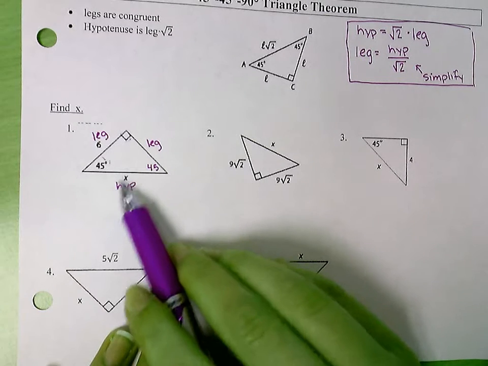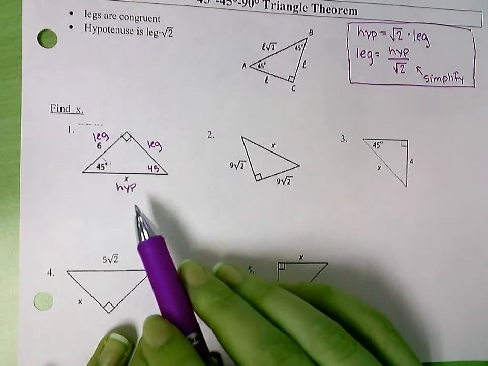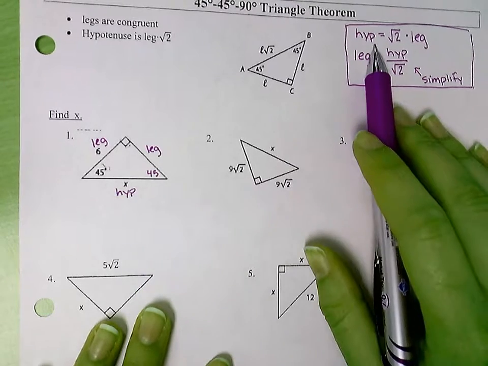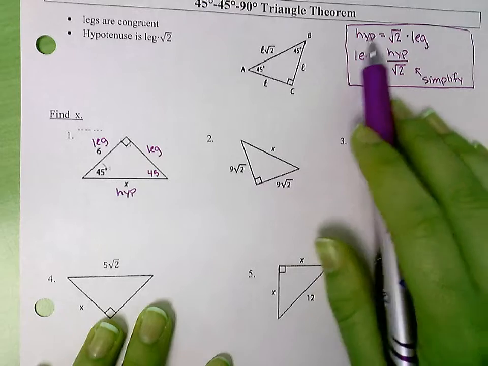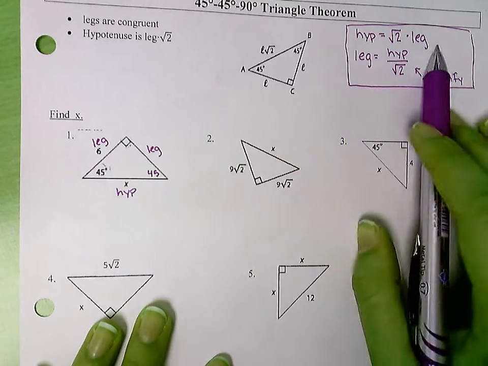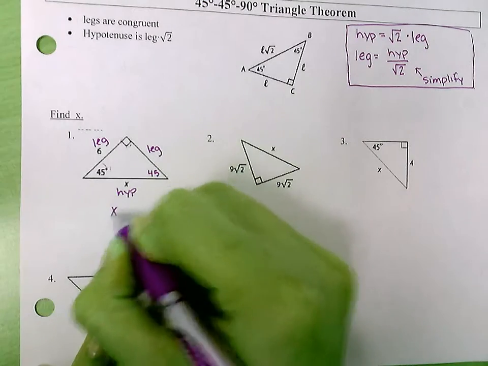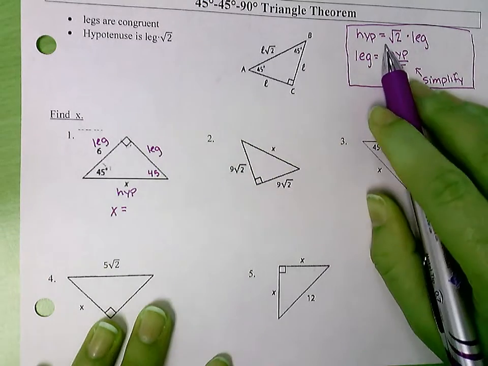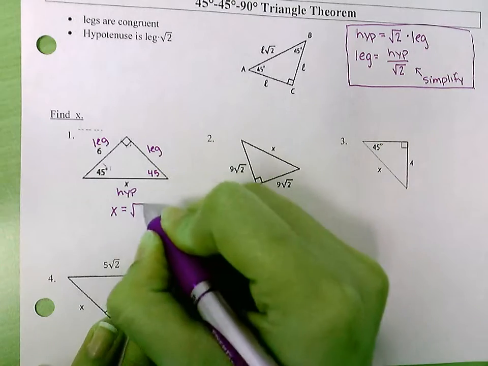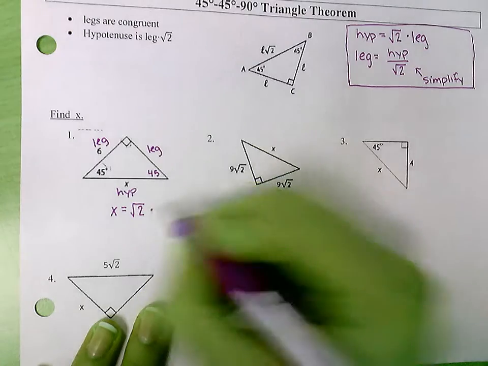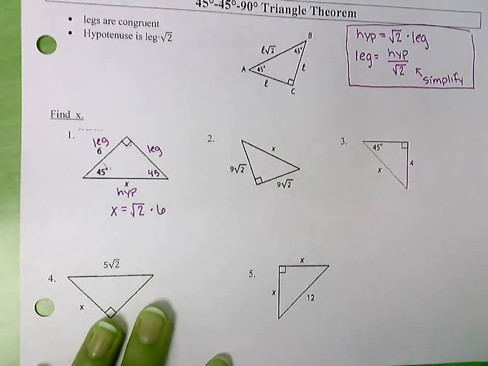Now I want to find the hypotenuse. So I'm going to look at the rule that says hypotenuse equals, and I'm going to use that one. I'm going to plug in what I know. So I'm going to replace hypotenuse with x. Then I have equals the square root of 2 times the leg, which would be 6.